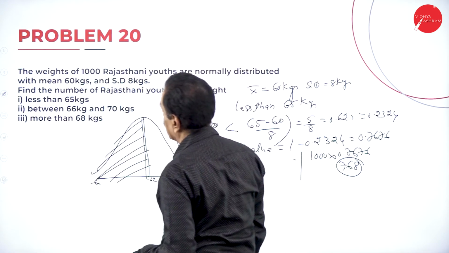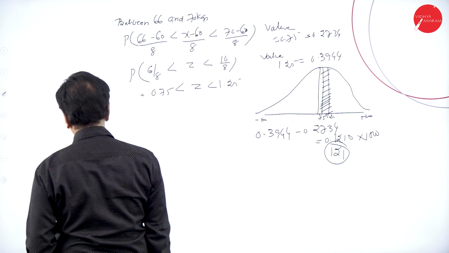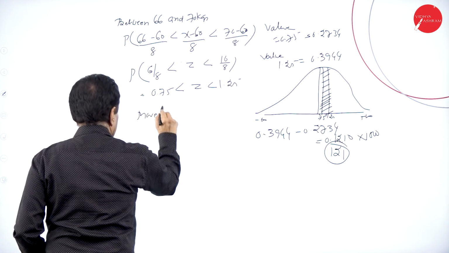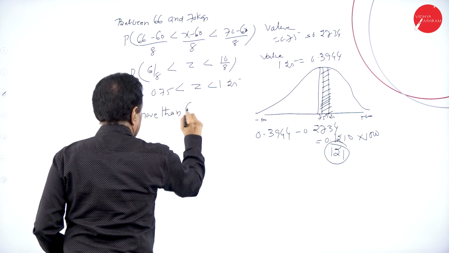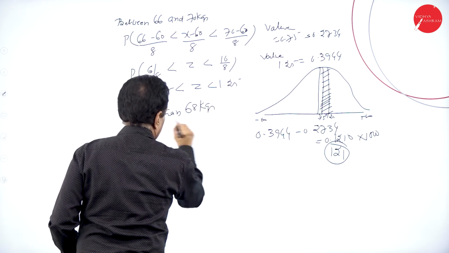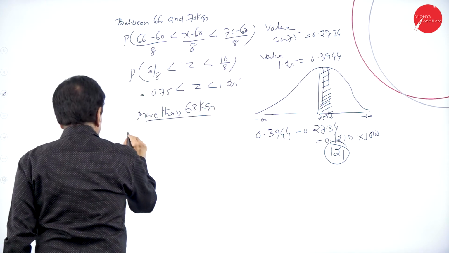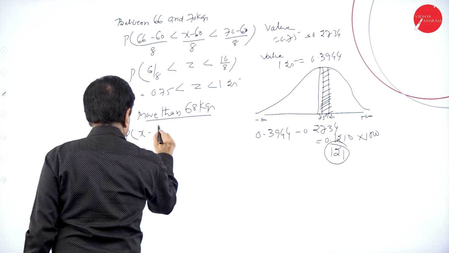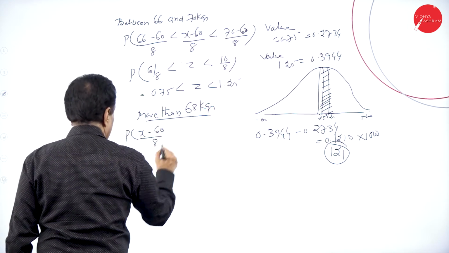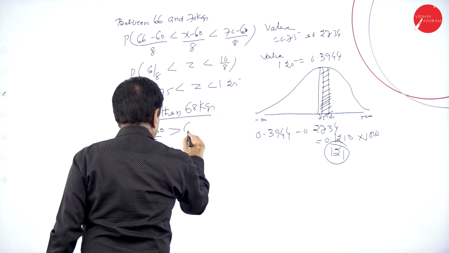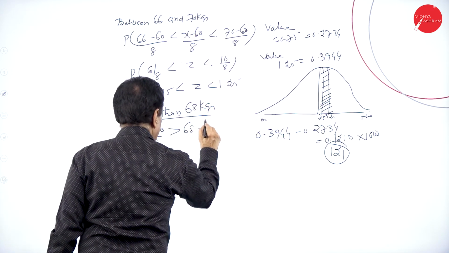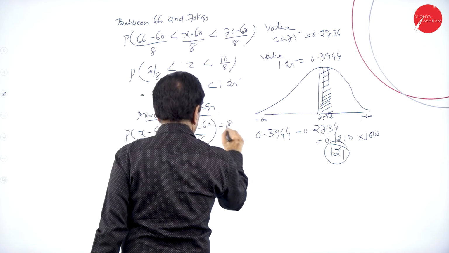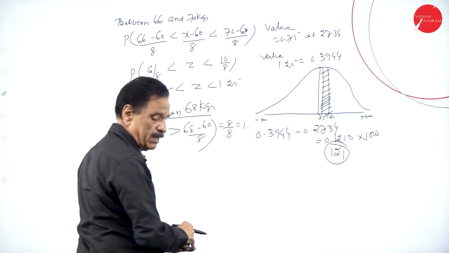So the last one: more than 68 kgs. So P of (x minus 60) divided by 8 more than (68 minus 60) divided by 8. This is 8 by 8, equal to 1.